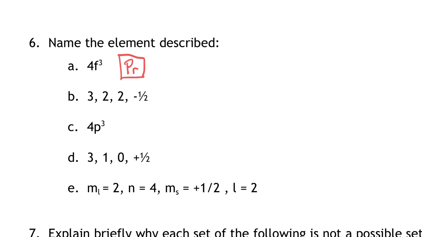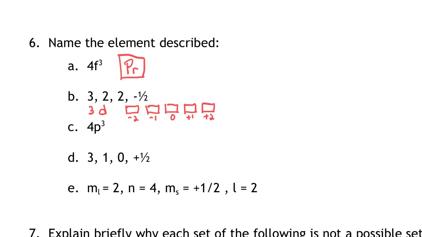Here's the next one. This one I have to tear apart a little bit. So we're going to be in the 3rd energy level, and we've got a 2 for our L. So 0 is S, 1 is P, 2 is D, so I've got a D. Now in the D, I've got 5 suborbitals, so I'm going to go ahead and draw them out. And I'm going to name them 0, -1, -2, +1, +2.